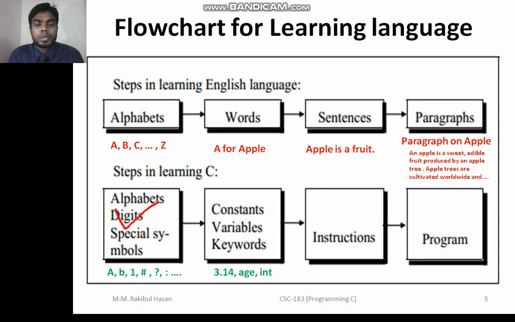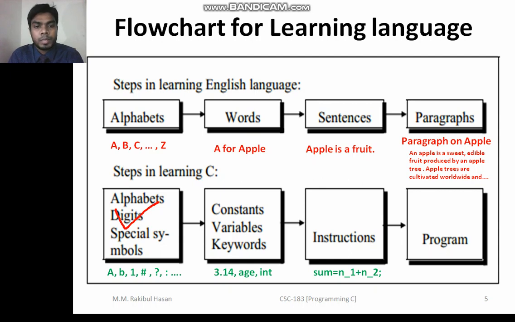Right. Then by using constants, variables and keywords, we have to know how we can make an instruction. This is the instruction we're going to give our computer. So this is an example of an instruction. I'm telling my computer to add n1 and n2 and store the summation value inside the sum variable.